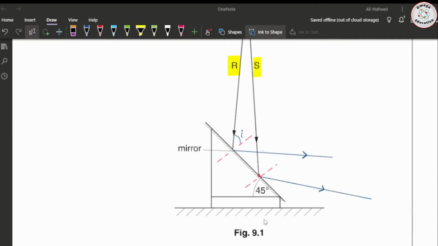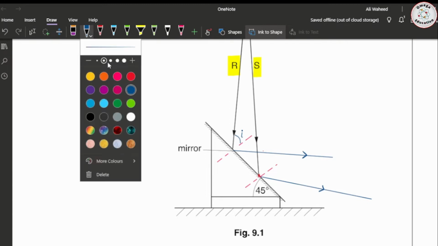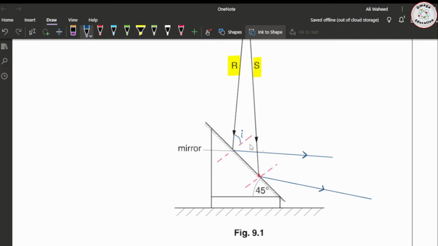All right, so these are the two reflected rays, and I've just tried to ensure that the angle of incidence equals the angle of reflection. But when you do it on a sheet of paper, you can take the assistance of the protractor as well, just to ensure that the angle of incidence equals the angle of reflection for both the rays.